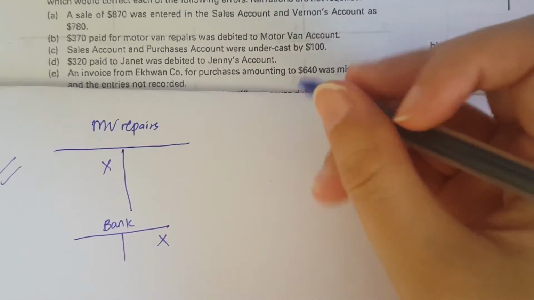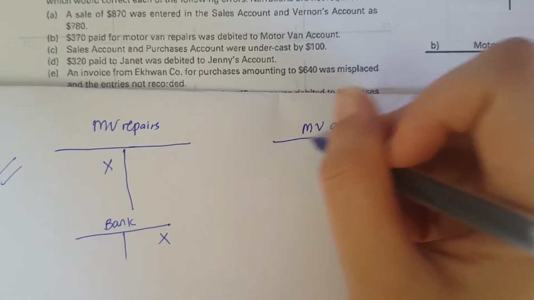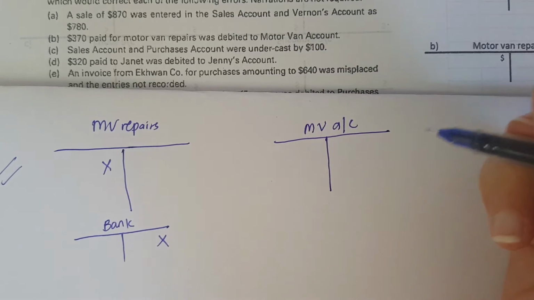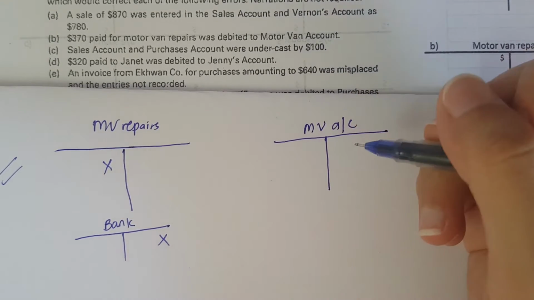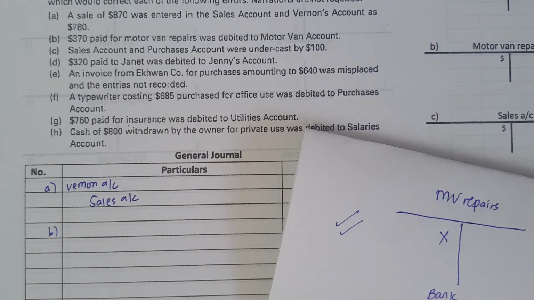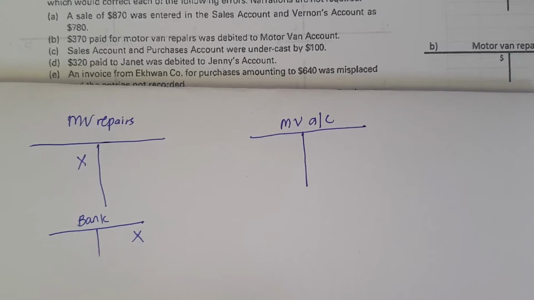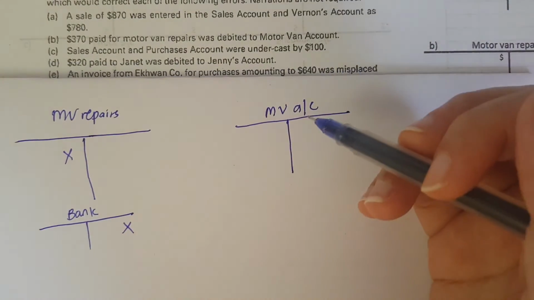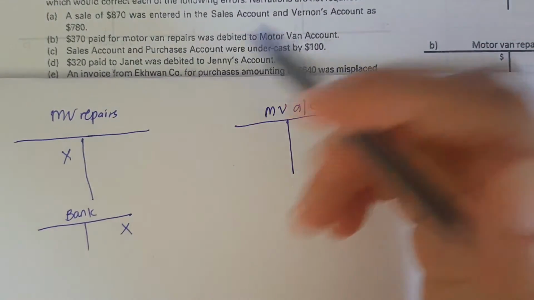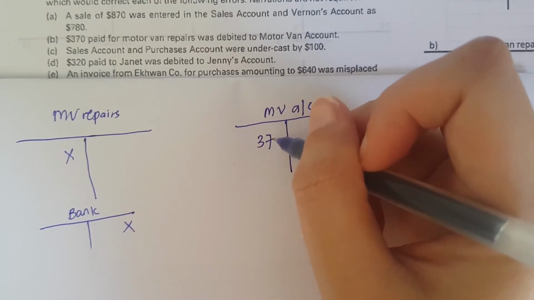Instead of this, they put it under the motor van account, okay? Now just for the thinking process, I'm writing MV, the short form, but when you are writing in the general journal, you have to write properly, okay? Motor van, instead of MV, okay? So now instead of writing over here, they put it as the motor van account, 370.